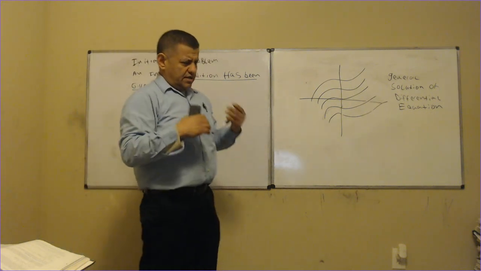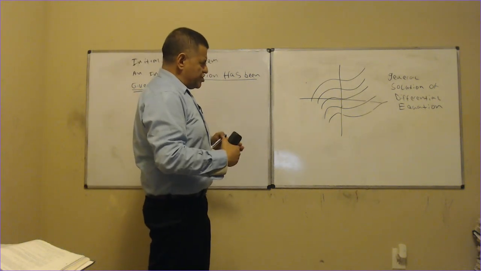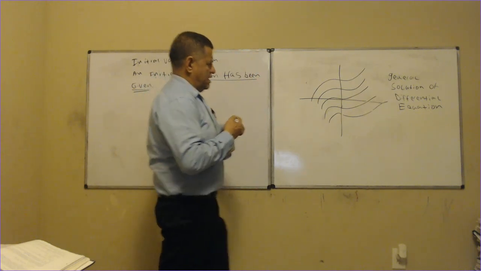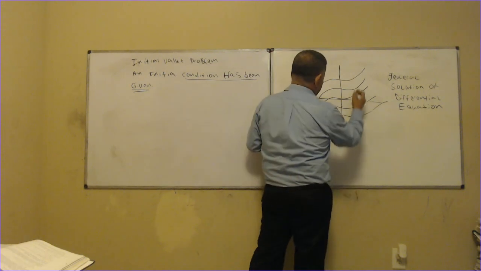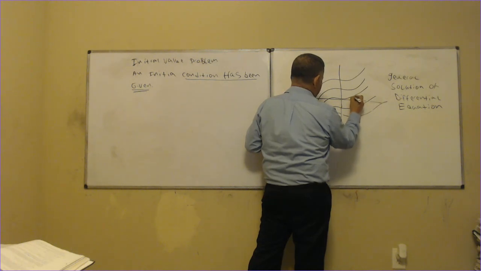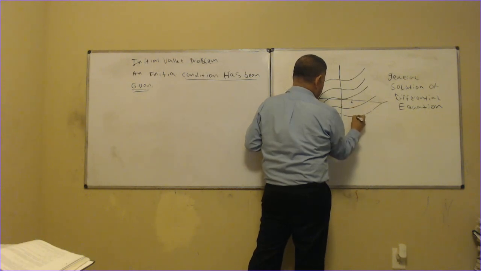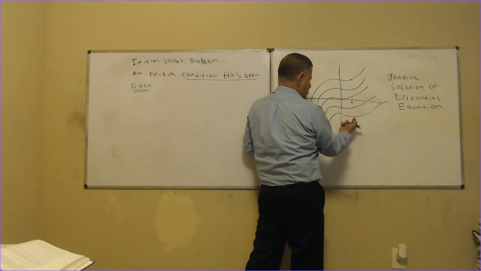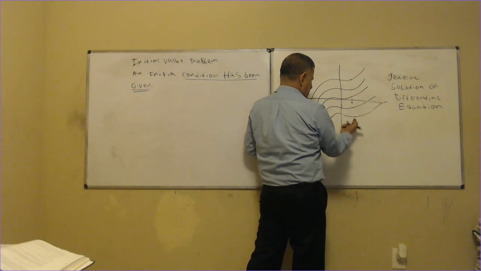In other words, this function has a solution at this point, for example right here, at x equal to 2. The solutions in this case are going to be different. It's going to be negative, right?